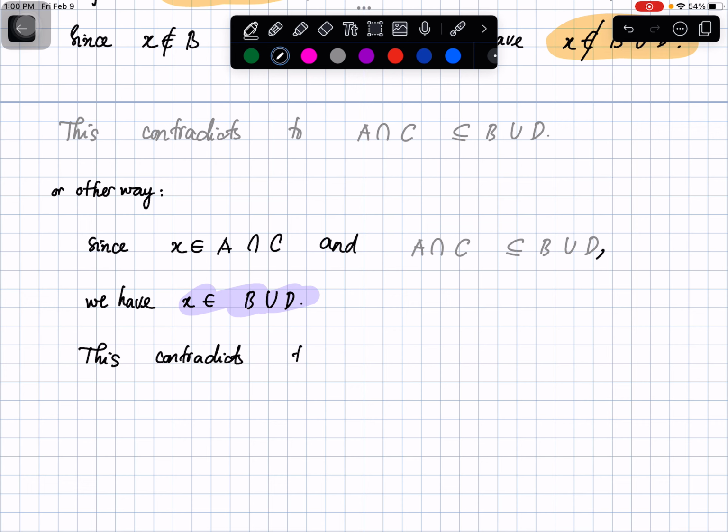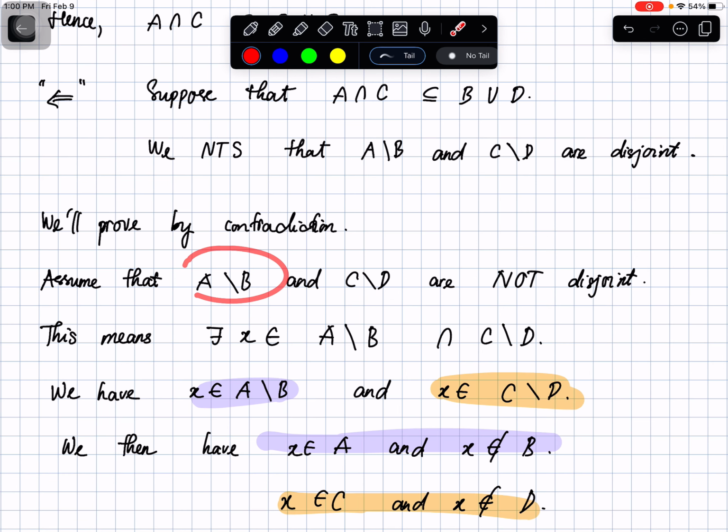This contradicts x not in B union D, and therefore our assumption is wrong. Our assumption that A minus B and C minus D are not disjoint is wrong.